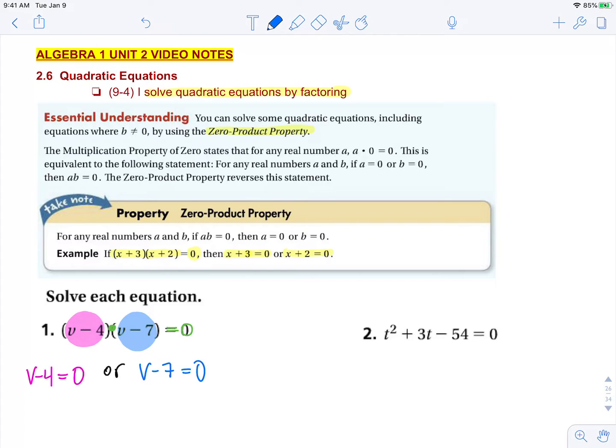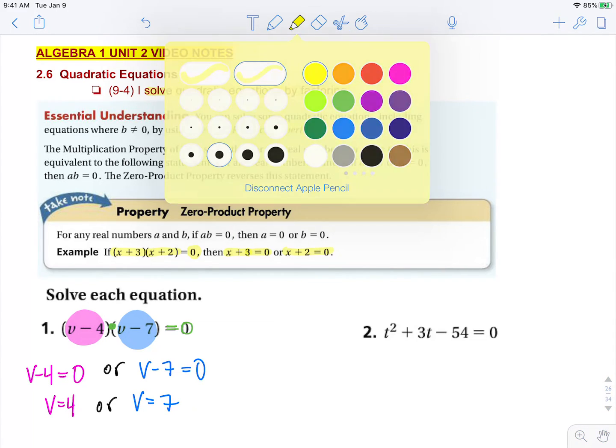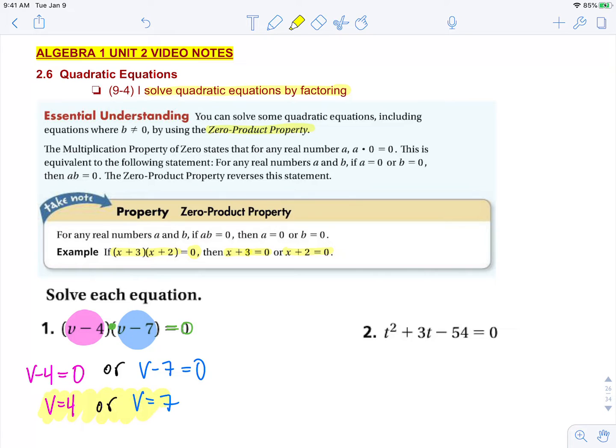That's the only way you could multiply two numbers or two quantities and get a solution of 0. So if I solve this first equation, v could equal 4 or v could equal 7. And if you check, when you plug in 4, you'll get 0, and when you plug in 7, you'll get 0.